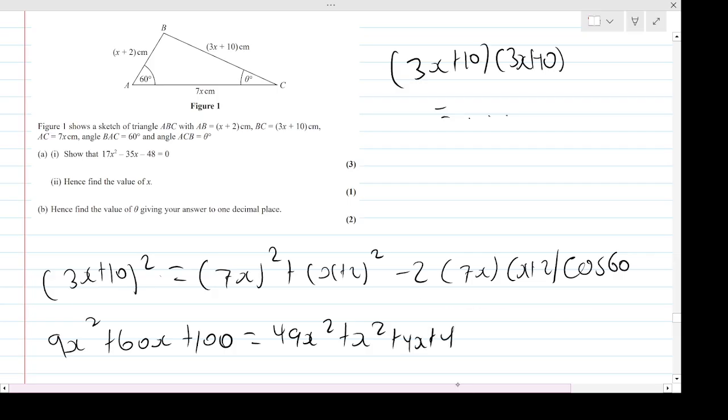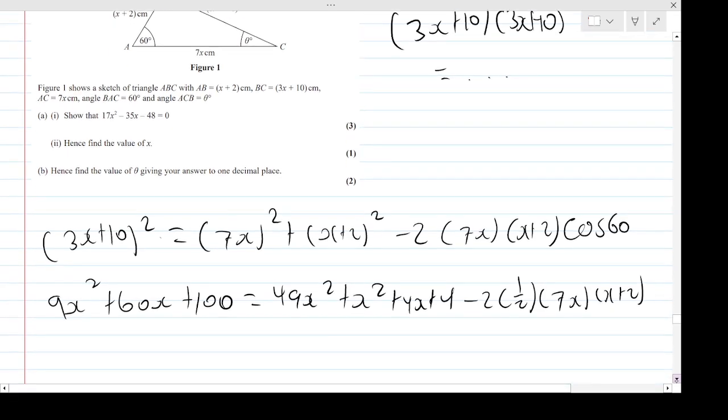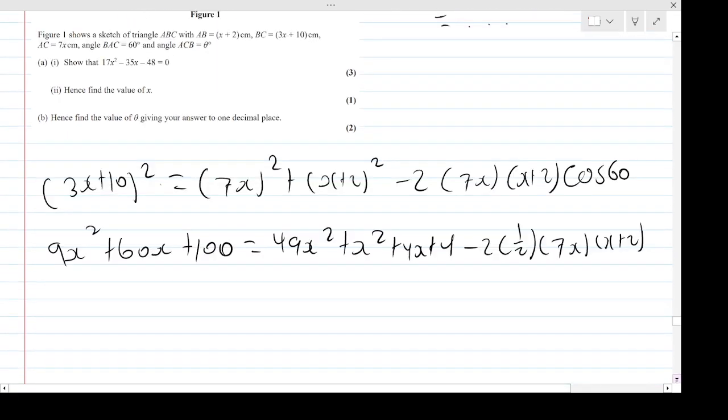Then we've got this bit here. Well, firstly, cosine of 60 is a half. So it's going to be minus 2 times a half of 7x times (x + 2). Then if I collect like terms, firstly we have 9x squared add 60x add 100, equal to 49x squared and an x squared would be 50x squared, add 4x, add 4.